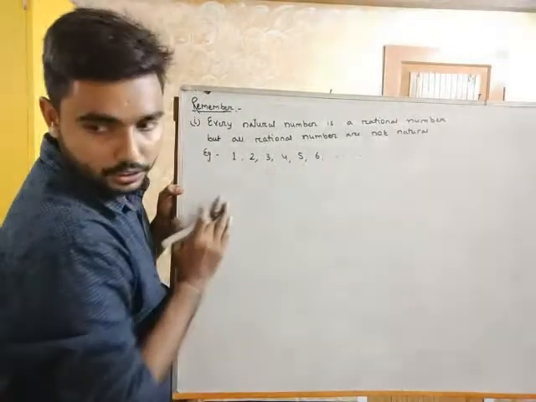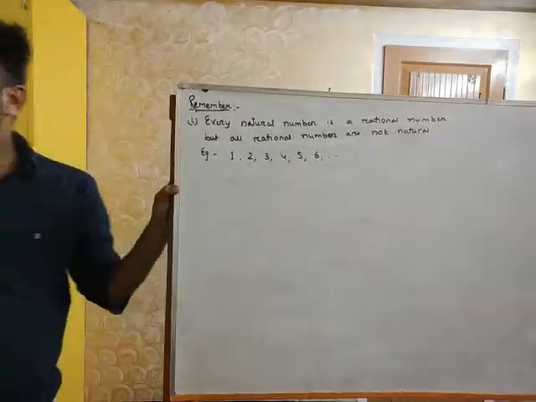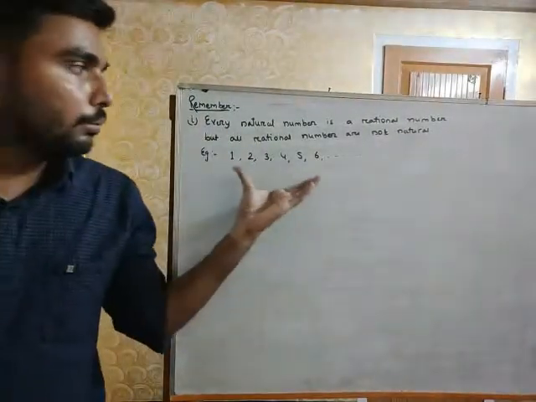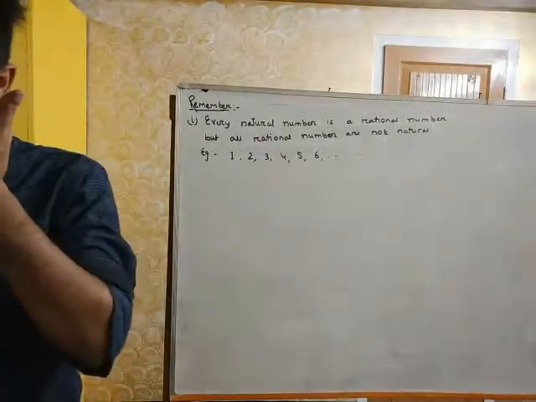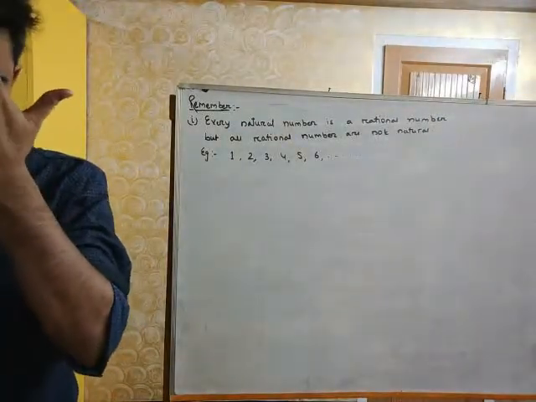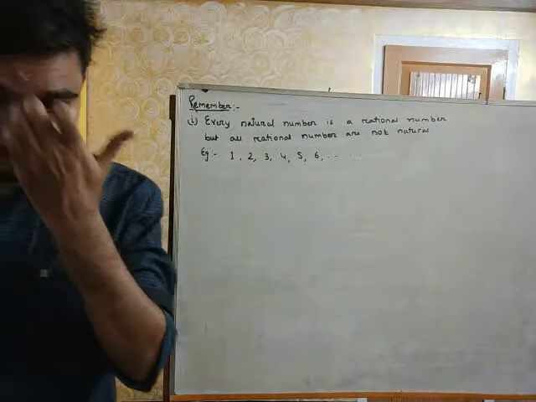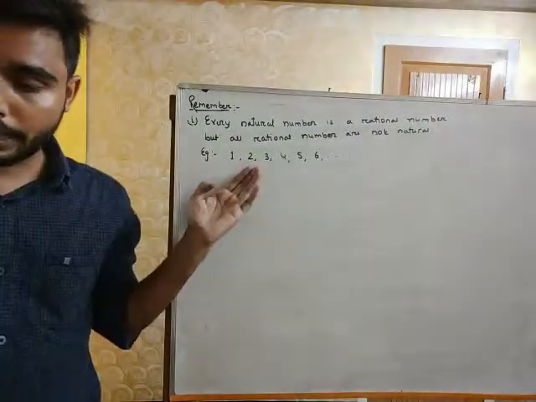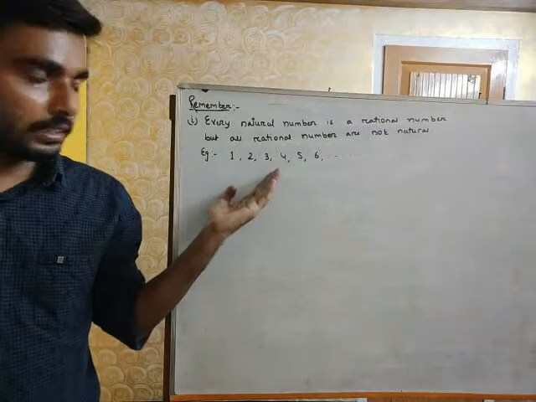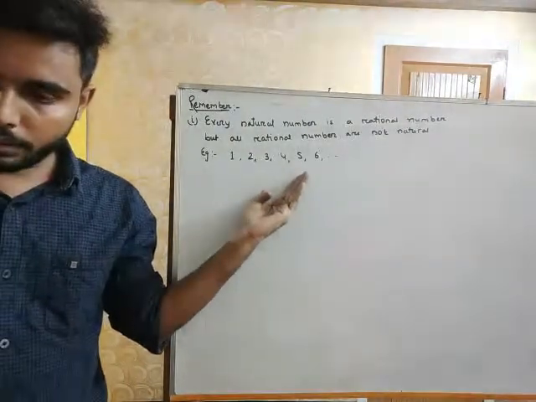All these are natural numbers. Now you may wonder, sir, how will this be, this is not in p by q form, right? I told you in class, or you know it earlier also, if there is no denominator, can you see the denominator of 1, can you see the denominator of 2, can you see the denominator of 3, can you see the denominator of 4?